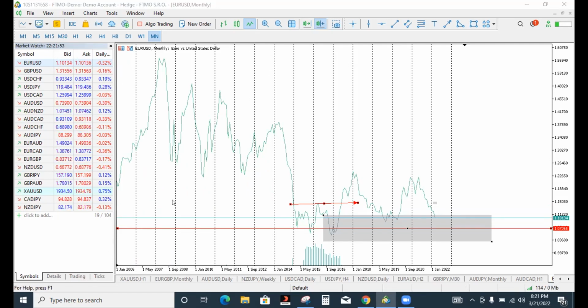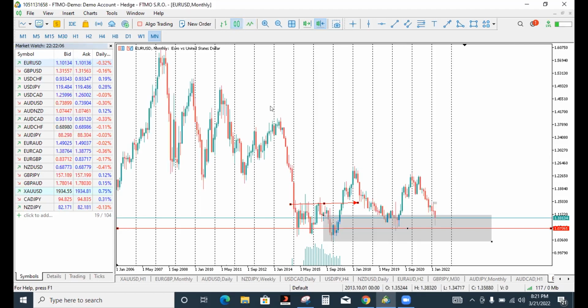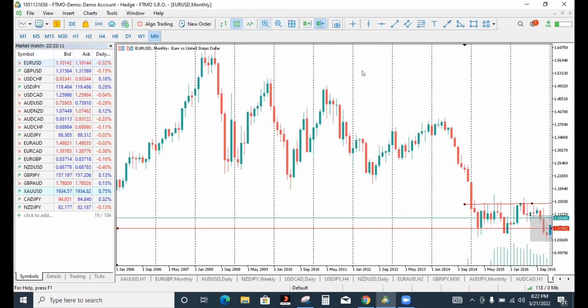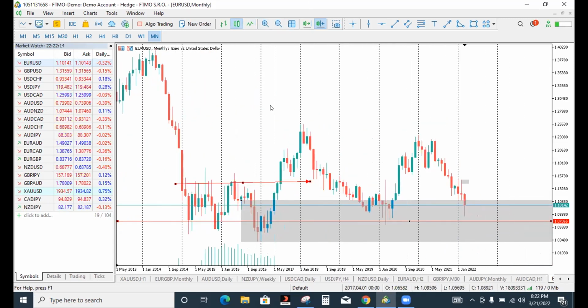So go back to the candlestick pattern. Change to candlestick. All right, good. So zoom in a bit. All right, that's okay. Now, how do I annotate? Okay, now this is the move, right?